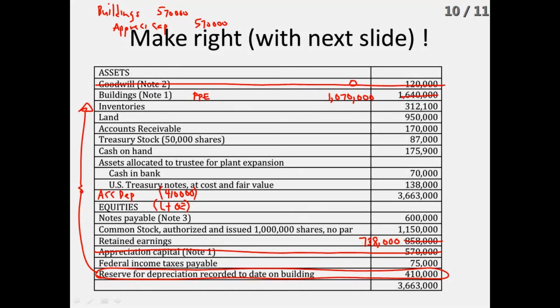We're taking 410 off of this, and we're taking 410 off of this. It's been recorded as an equity, but it really should be a contra asset. If it were an asset, it would be increasing the assets, but it's actually decreasing the assets, and also we're taking it off of here.